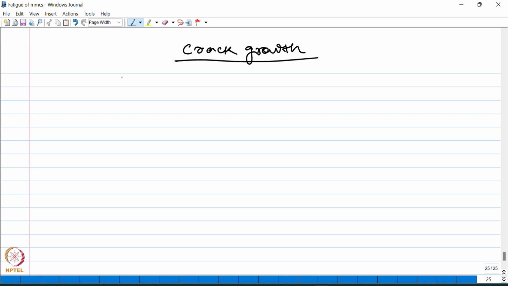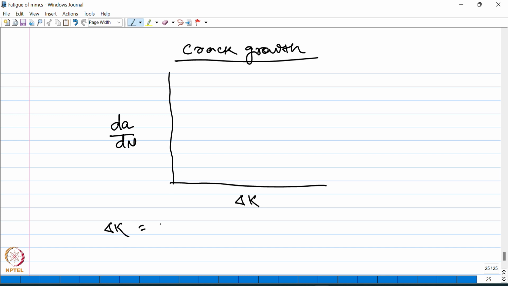Fatigue crack growth, if you recall, is characterized by this particular plot between the growth rate, that is da/dN, plotted against the stress intensity range delta K. Delta K is nothing but K maximum minus K minimum, where K is the stress intensity factor.